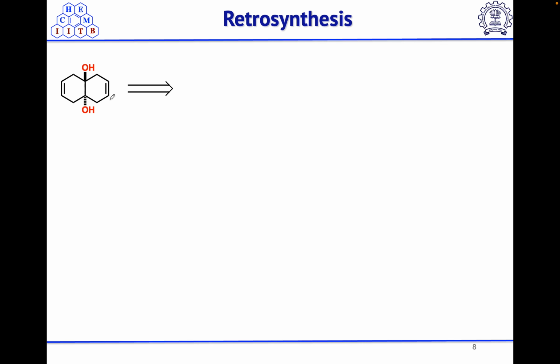How can we get this trans 1,2 dihydroxy compound? There is only one way. If you have an epoxide, then epoxide ring opening could give this trans diol, right? So this could be obtained from this epoxide via ring opening of the epoxide.